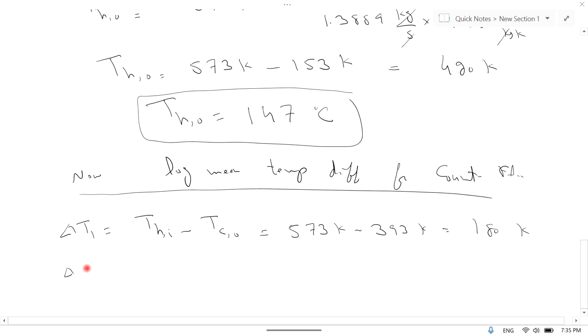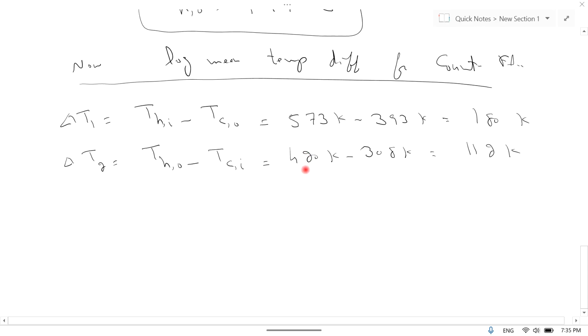And del T2 is equal to temperature of hot water outlet minus temperature of cold water inlet, which is equal to 420 Kelvin minus 308 Kelvin, which is equal to 112 Kelvin.